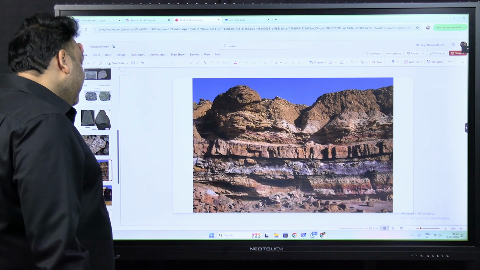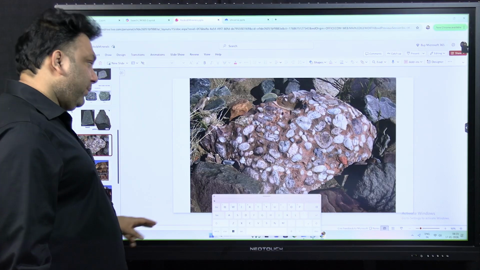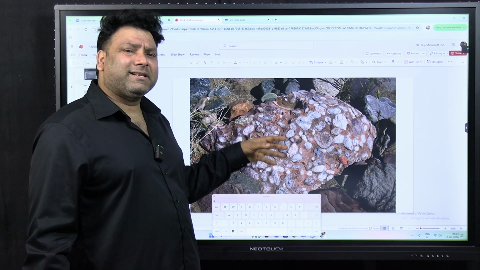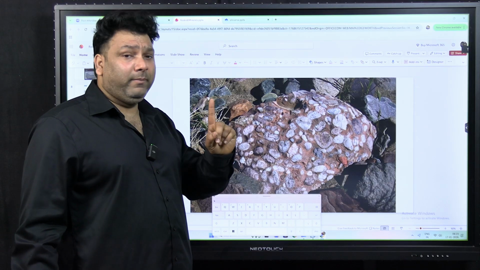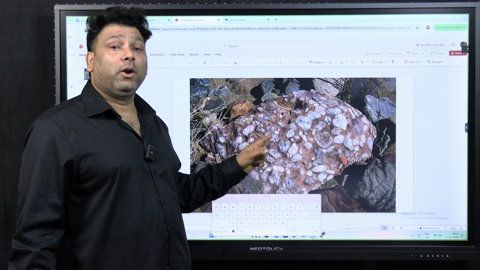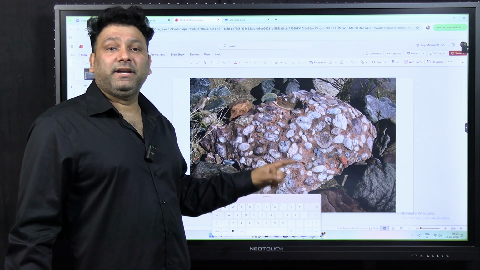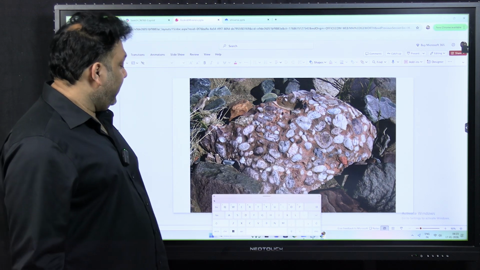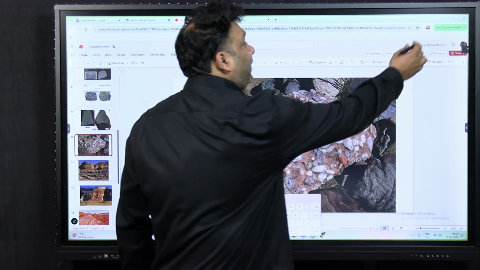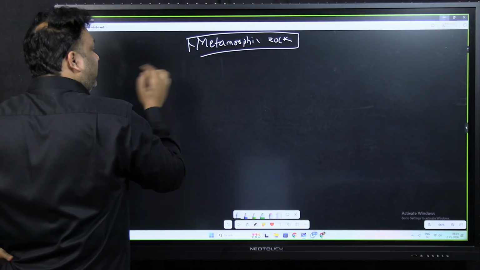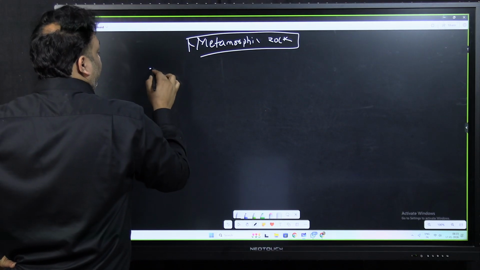Now, if I am applying a lot of heat and pressure, do you think the mineral and structural composition of this rock will remain the same? No, it will not remain the same. It will undergo change. This change is metamorphosis. So therefore, any igneous rock or sedimentary rock can undergo change and become metamorphic rock.